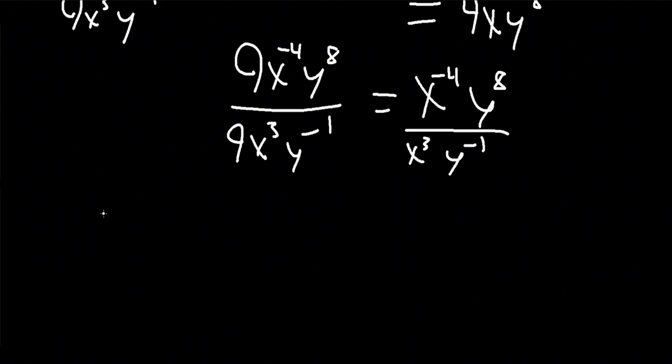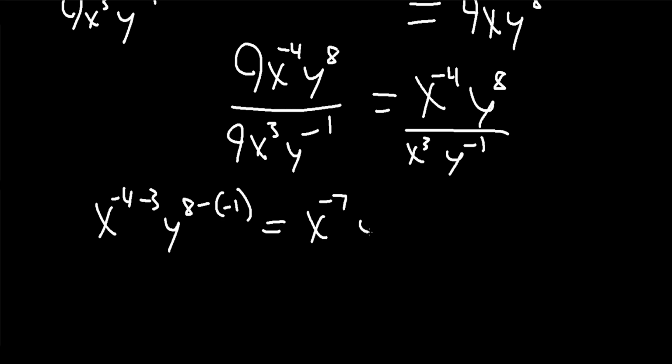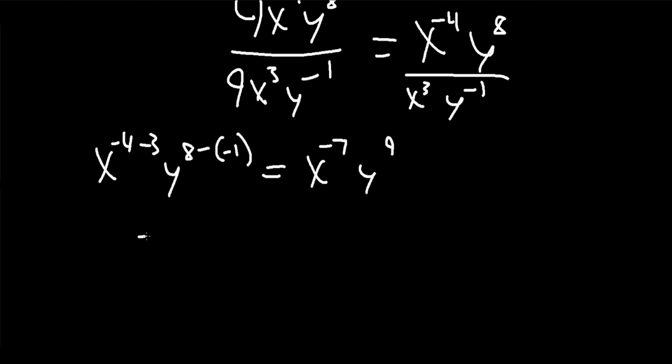Now we're going to subtract the powers, so we'll get x to the power of -4 minus 3 times y to the power of 8 minus -1, which equals x to the power of -7 times y to the power of 9. And of course, -7 is not a positive exponent, so we have to rewrite this one as well, which gives us y to the power of 9 over x to the power of 7.